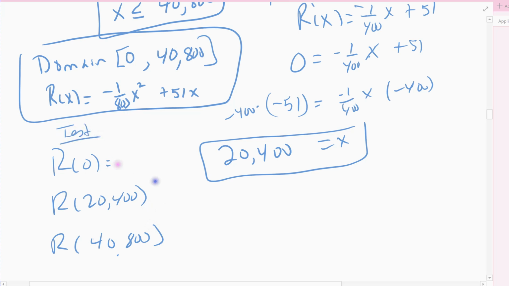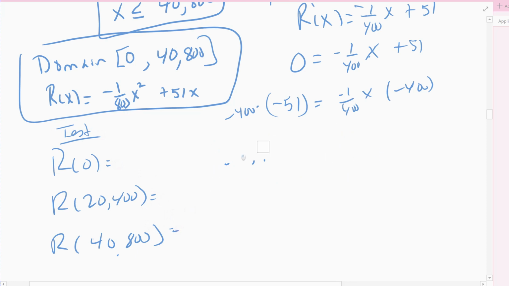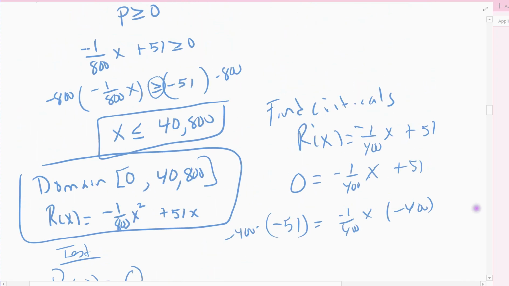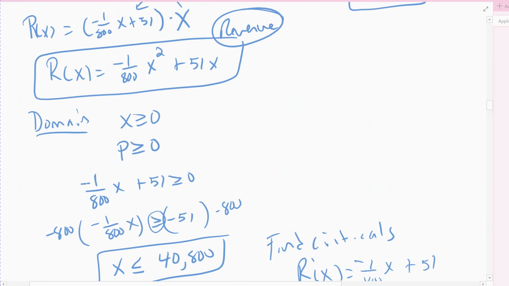Alright, so I'm plugging all of these values into my original revenue equation. So 0 comes out 0, right? When I plug 20,400 in, it comes out 520,200. And when I plug 40,800 into my revenue equation, I believe it comes out a negative number.